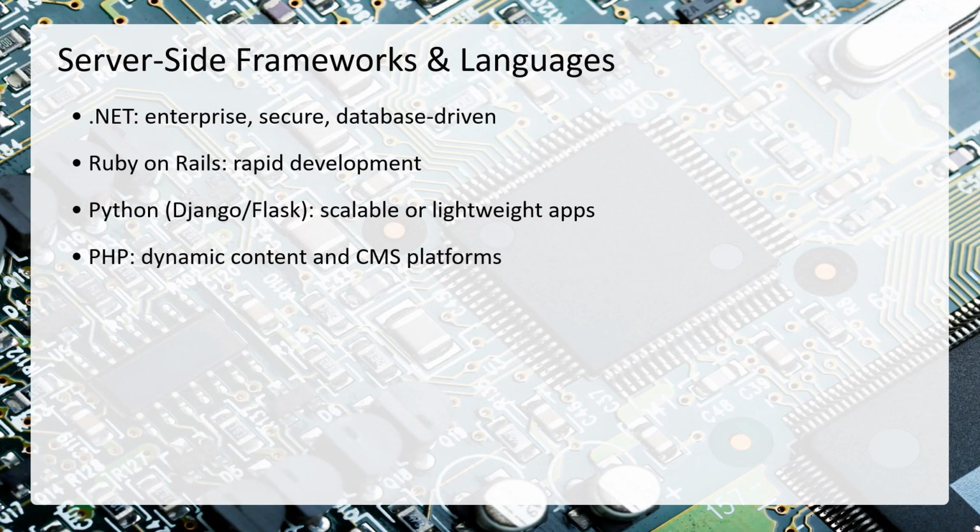Okay, so the final topic I'd like to cover is server-side frameworks and languages. So there are four major ones: .NET, Ruby on Rails, which is usually just shortened to Ruby, Python, and then PHP. And these are the tools that developers use to build the server side of the systems.